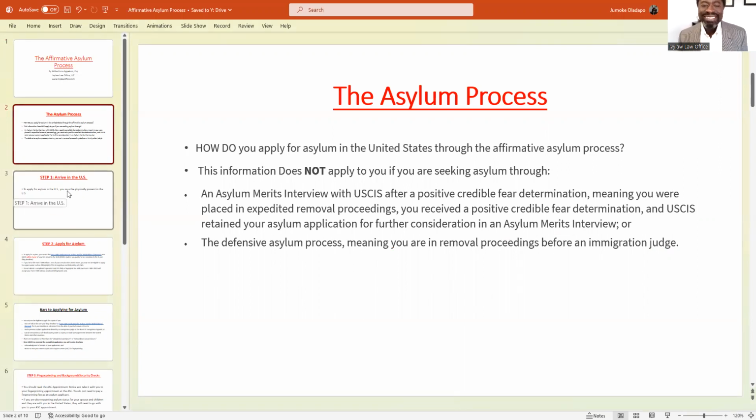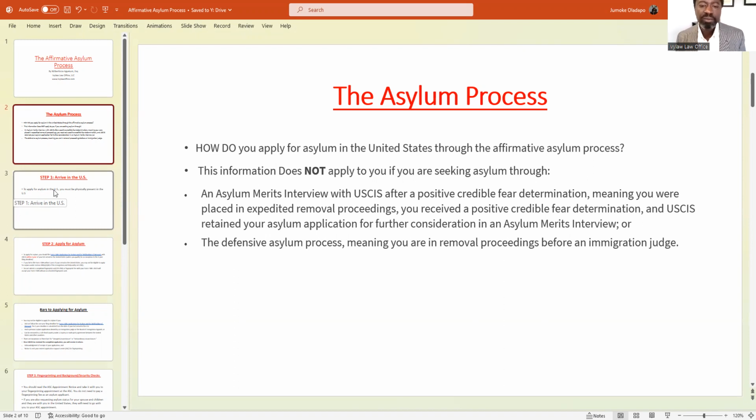This information does not apply to you if you are seeking asylum through an asylum merits interview with USCIS after a positive credible fear determination, meaning you were placed in expedited removal proceedings, you received a positive credible fear determination, and USCIS retained your asylum application for further consideration in an asylum merits interview, or the defensive asylum process, meaning you are in removal proceedings before an immigration judge.